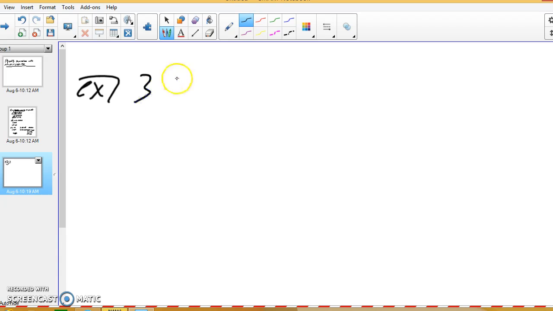Say we have 3 times x plus 4. Again, you can look at this as buying 3 movie tickets at $4 apiece plus tax, and in this case we don't know what the tax is. So we go 3 times x plus 3 times 4.